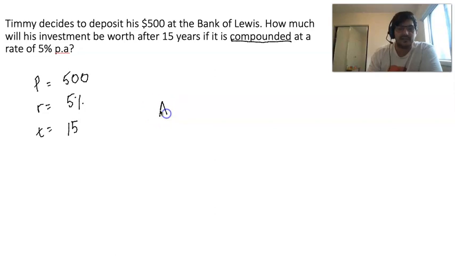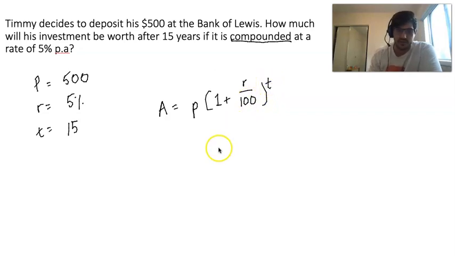A is equal to principal times (1 plus rate divided by 100) times time. Oh, sorry, to the power of time. Oof, nearly got that one horribly wrong.